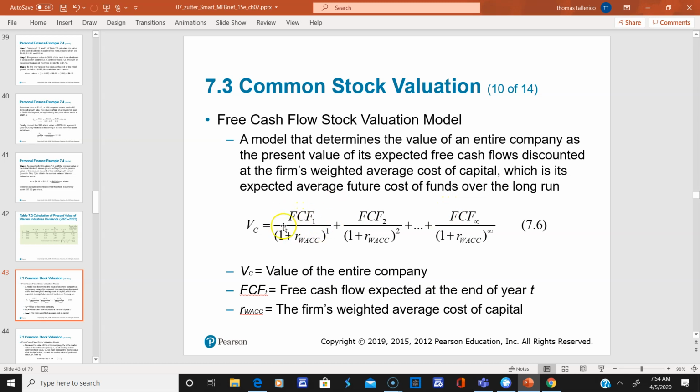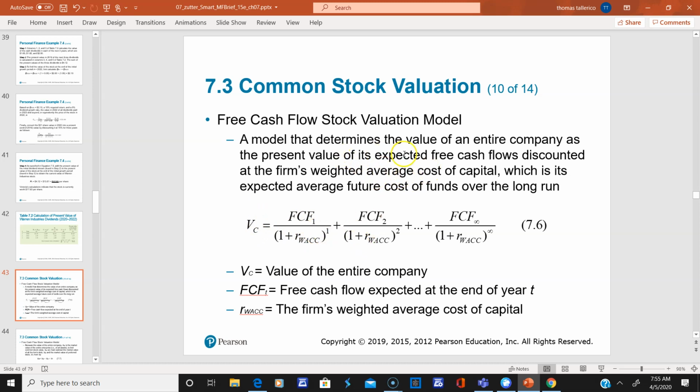Now, a company could have a free cash flow, and this is defined in other chapters of your book. Free cash flow is the money available to give to the stockholders, basically after you paid all your bills, okay? And here's your weighted average cost of capital on all your investments, okay? So you would get the value of the entire company by doing this, okay?